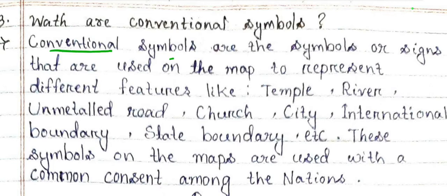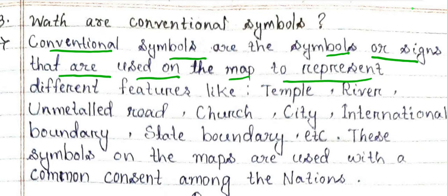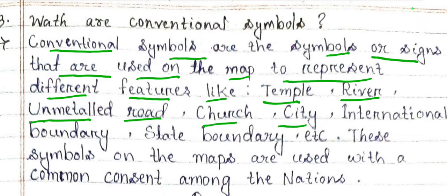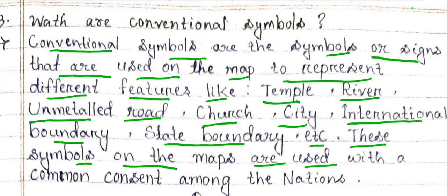Conventional symbols are the symbols or signs that are used on the map to represent different features like temples, rivers, unmetalled road, church, city, international boundary, state boundary, etc. These symbols on the maps are used with a common consent among the nations.